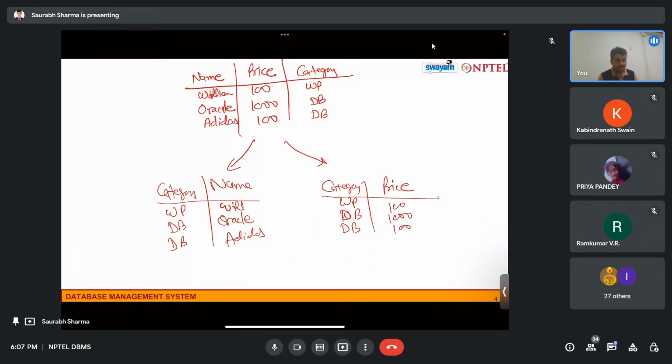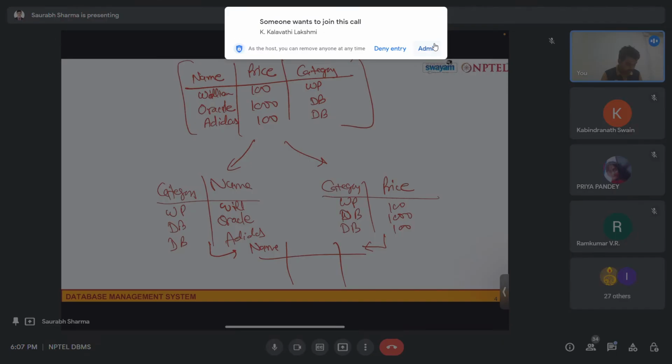Now, if we want to join them based upon category, what will happen? There will be these attributes present in the table we form after joining, but there will be some extra tuples added, which will have some misleading information.